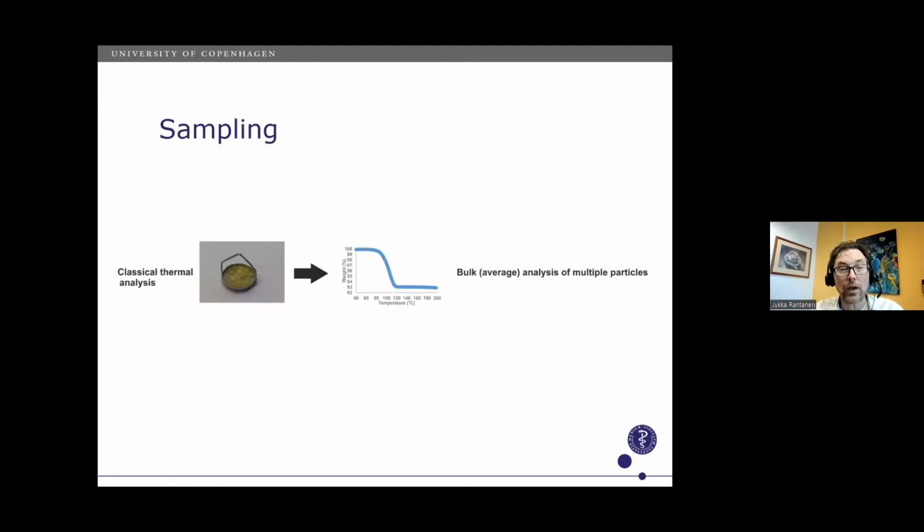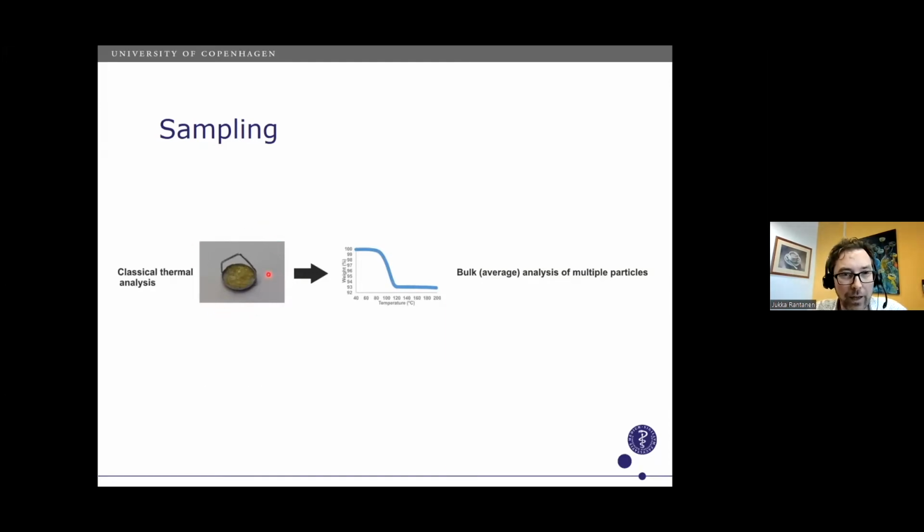So if you think about sampling, you can take classical analytical tools that are used in the laboratory. This is commonly done analysis for pharmaceutical materials. So this is a thermal analysis, and here you can see a small sample holder. So we can try to put the laser pointer on.